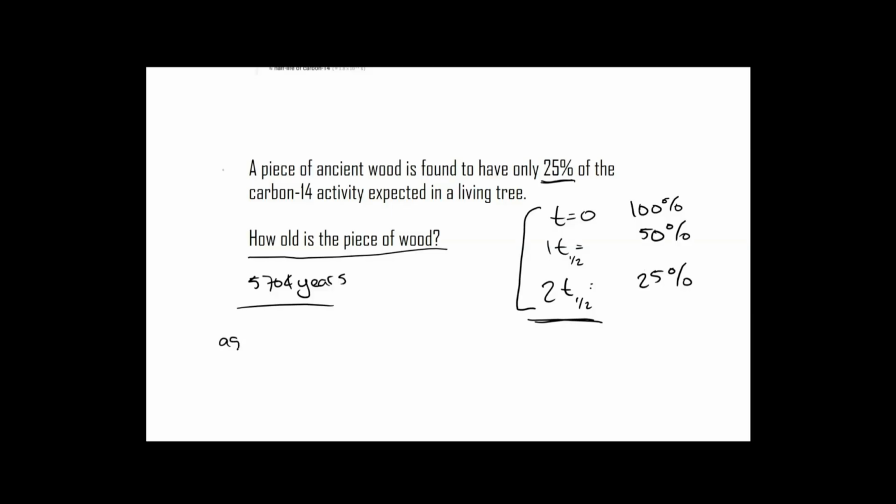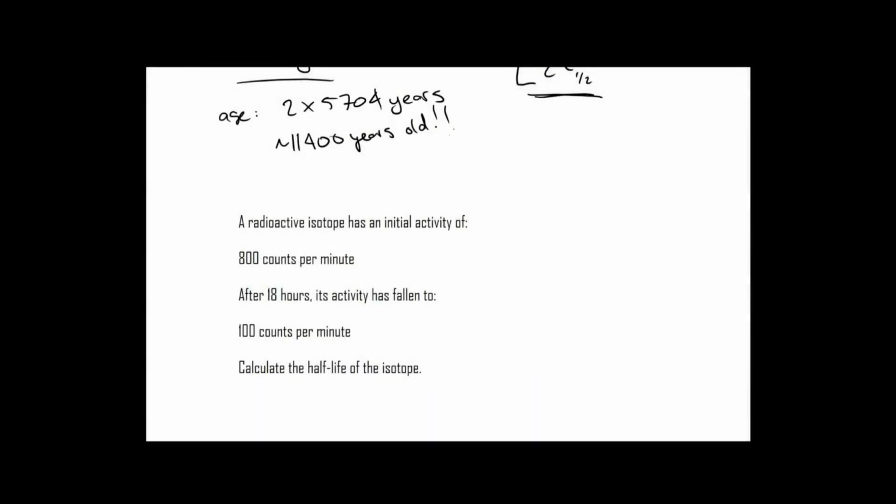So the age, therefore, is going to be 2 times 5,704 years. We're not going to do it in seconds. It's not going to make much sense to do it in seconds because it's not going to be that exact. So that's going to be what, 11,400 odd years old.